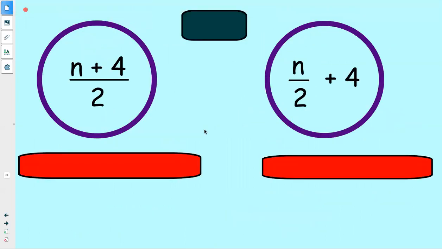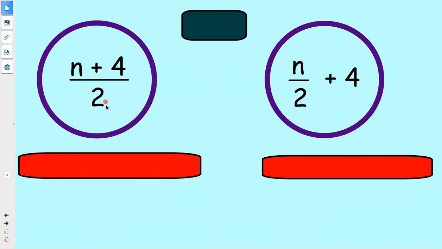Okay, I just really want to make it clear how these expressions are different. If I start with a variable and talk about what's happened to that variable, you'll maybe see how they are different. So put my little red dot here. We're going to start with this variable n. So you've got n, what's happening to the n? You are adding 4 to it, and then you are dividing by 2. Okay, so the order is very important. You'll have heard the expression BODMAS or BIDMAS.